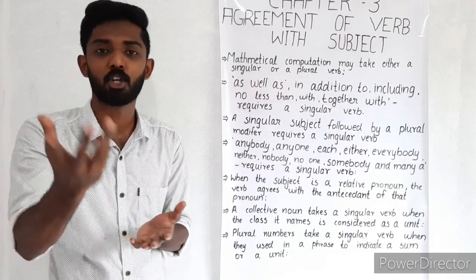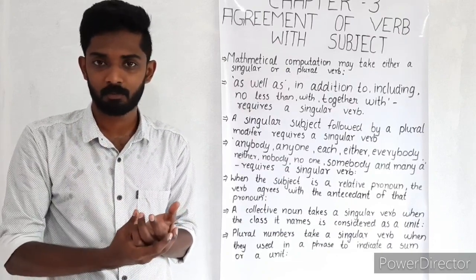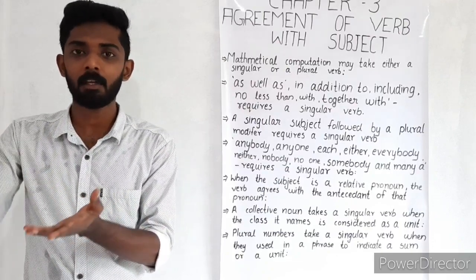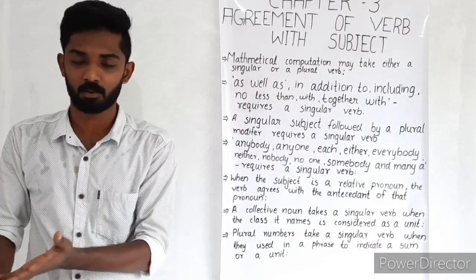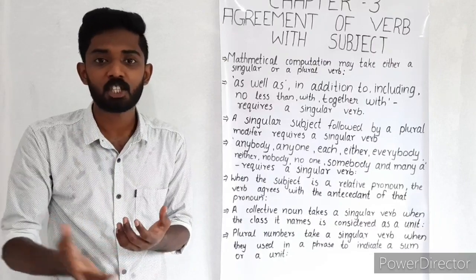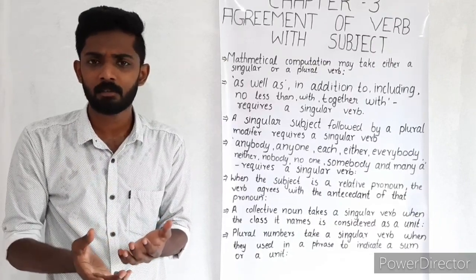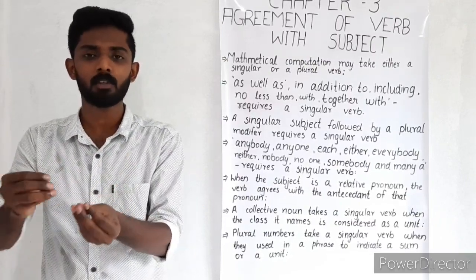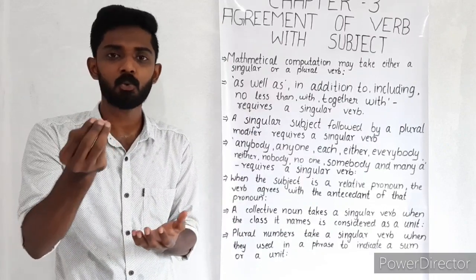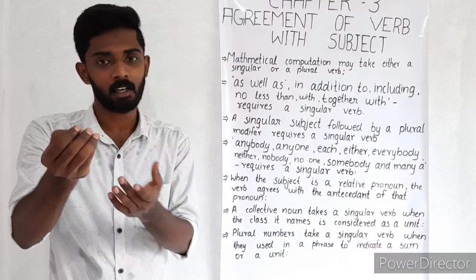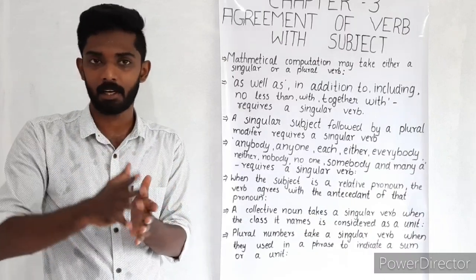For example, the word news can mean a single piece of news or many. For example, "No news is good news." What does it mean? So there is no news and it becomes good news. So here the word news is considered both singular and plural.